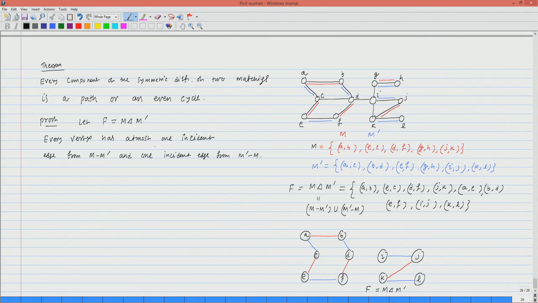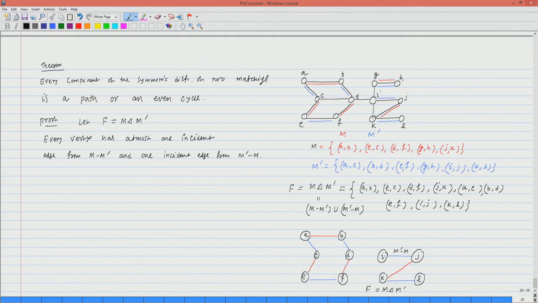Look at this vertex, I said at most. So, this vertex does not have any incident edge from M minus M prime, but it has a blue color edge from M prime minus M.